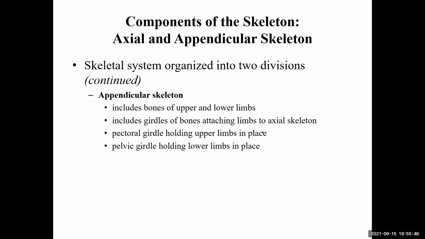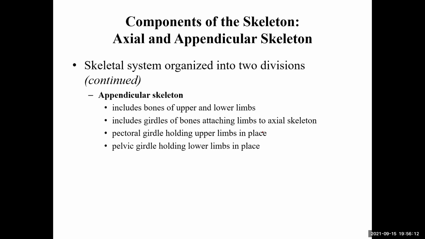All right, the other division is going to be the appendicular skeleton. And that's basically going to be your upper and lower extremities or limbs and the bones to which they articulate or form a joint with. So how do we hold our upper and lower extremities onto the axial skeleton?